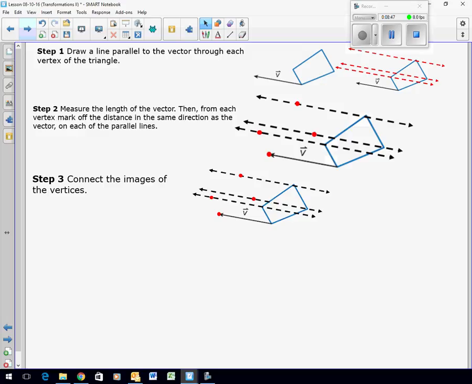Next problem. Here we go. From each of the vertices, how far was it? 1, 2, 3, 4, 5. 1, 2, 3, 4, 5, 6. Whatever it was, right? And if I wanted to recreate this shape, I would do so right here.